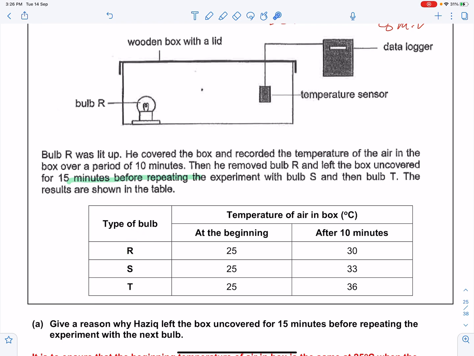So the 15 minutes is left there so that the box has time to reset to room temperature. So that the box and the room temperature is the same for all bulbs. Then that ensures that it's a fair test because you eliminate another variable, which is starting temperature of the box. It needs to be constant.